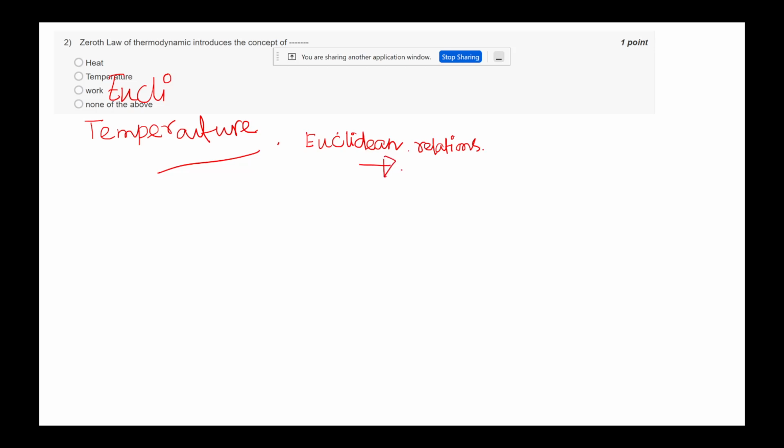So what does this Euclidean relation tell? It tells that whenever a statement holds these Euclidean relations, it holds axiom one of Euclid's elements, and that axiom one of Euclid's elements states like this.